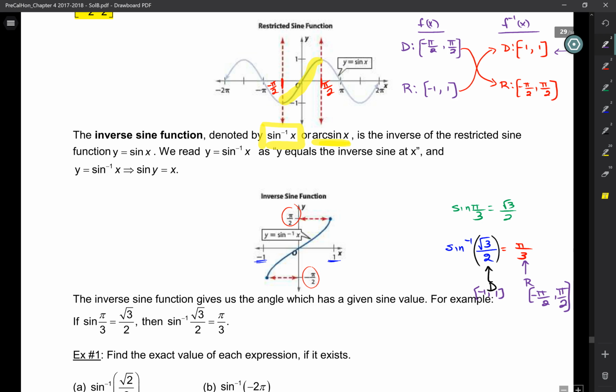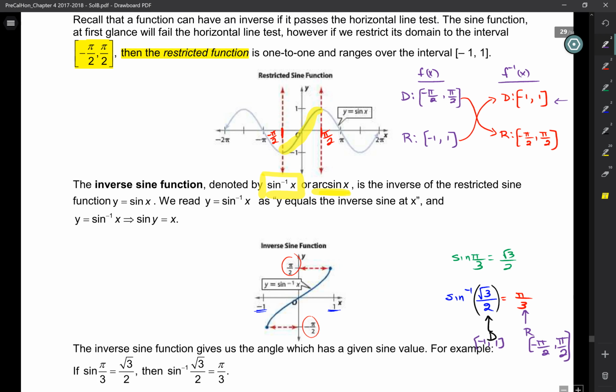Now, that is an important thing to deal with. So, take a look at our restricted sine function. I'm going in great detail for the sine. I'm not going to do it for the other ones. That's why I'm doing it for this one. And then for the other ones, we're just going to follow along the same procedure. So take a look at when we restricted the sine. On the right side of the y-axis, it goes from 0 to pi over 2.